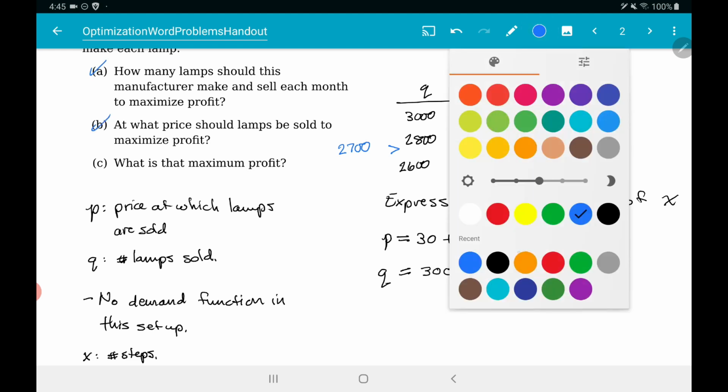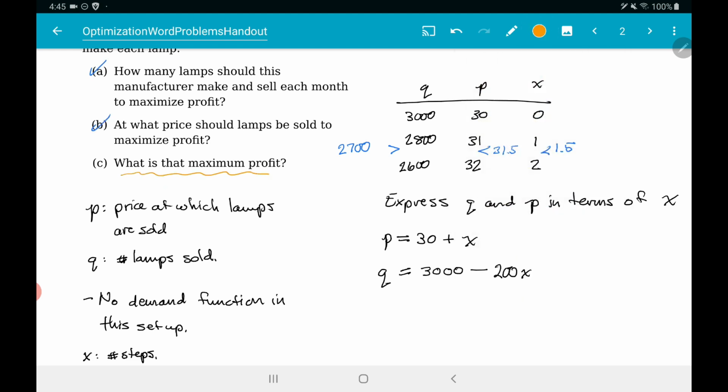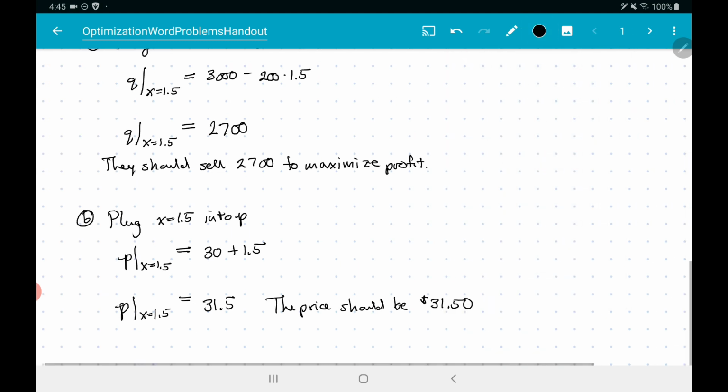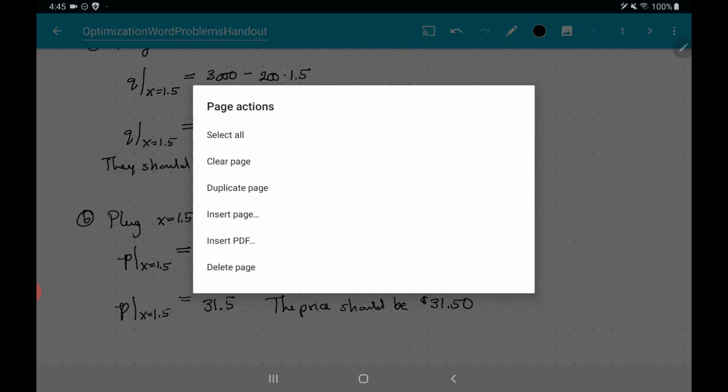Question C asks, what is that maximum profit? Well, if we used the quantity function to answer how many lamps, and we used the price function to answer at what price, it should be clear that to answer what is the maximum profit, we need to use the profit function. So let me insert another page.